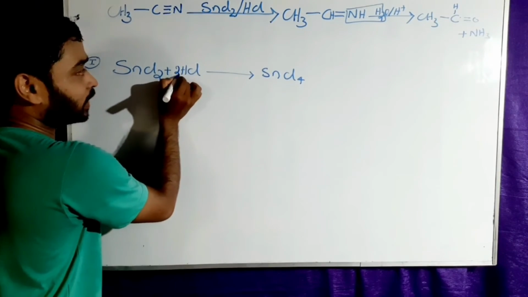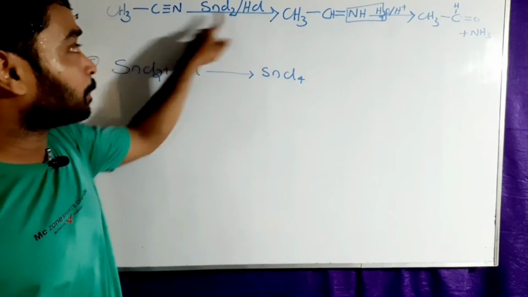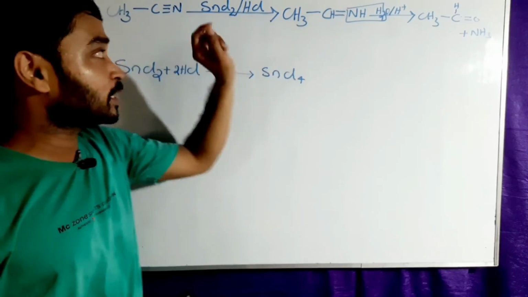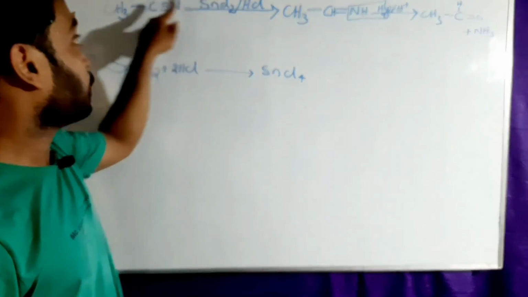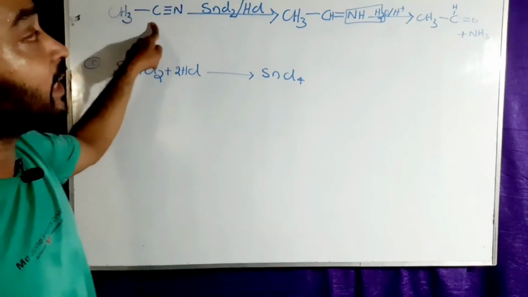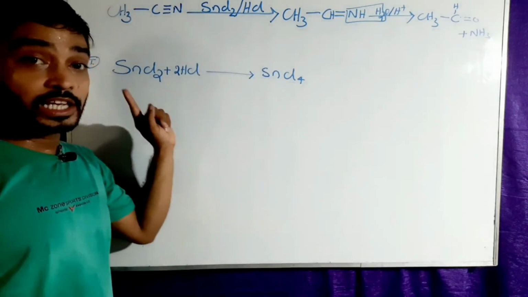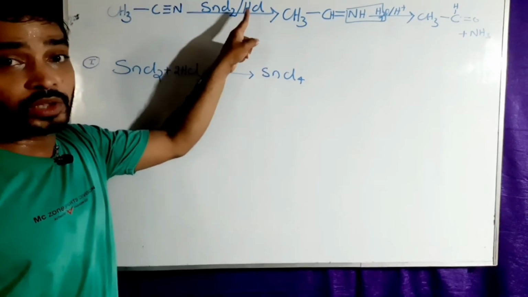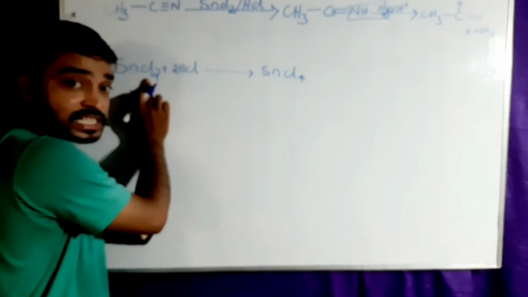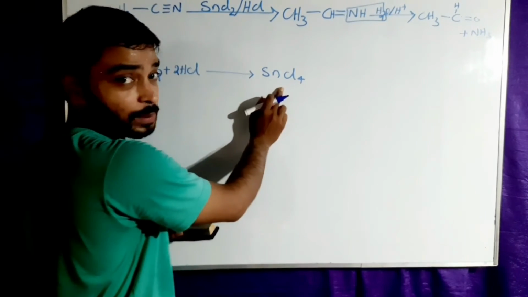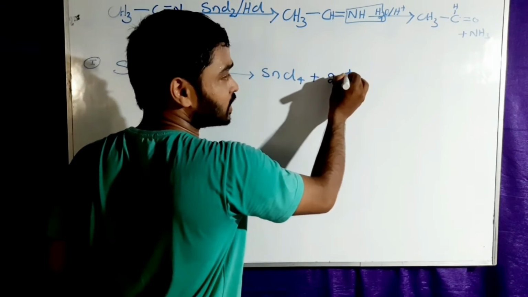So we take 2 HCl. What I have told in this section, the 2 hydrogens are needed for the production of imine. I am repeating this part. 2 hydrogens from hydrochloric acid are needed for the conversion of cyanide or nitrile to imine. So the 2 hydrogens that get produced, as I have told, are released from the hydrochloric acid. So this will occur here. The 2 chlorines combine with the SnCl2, resulting in the formation of SnCl4, along with the release of the 2 hydrogen ions.